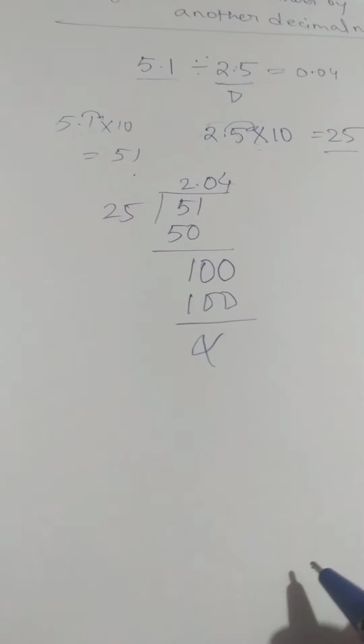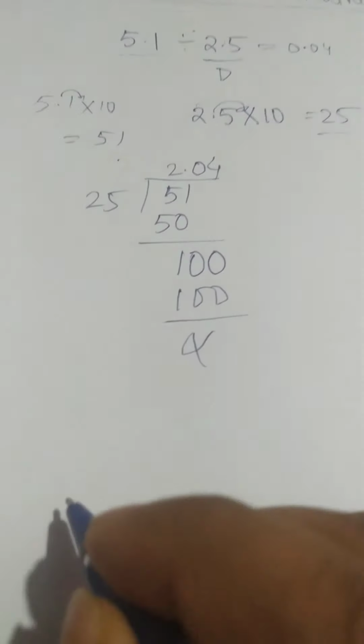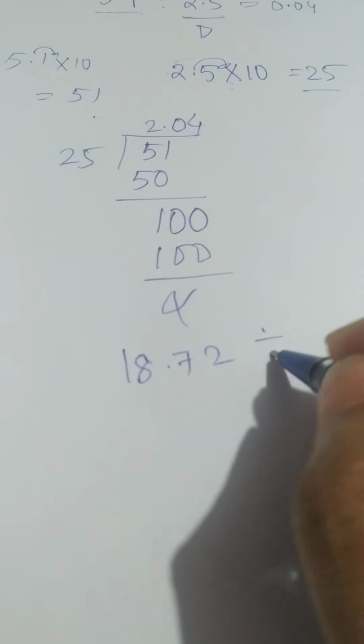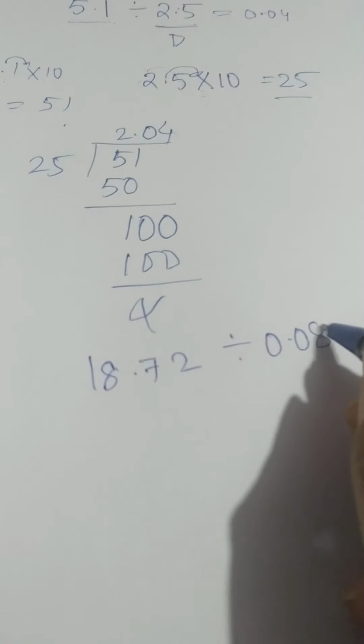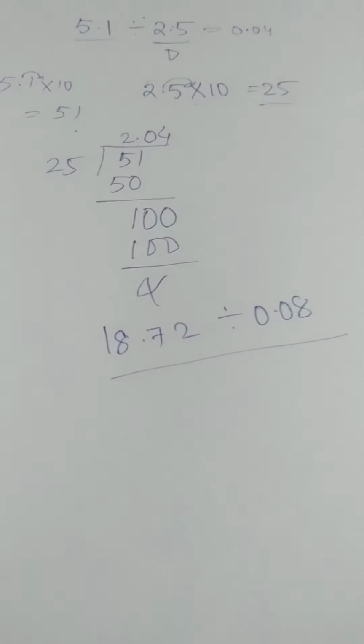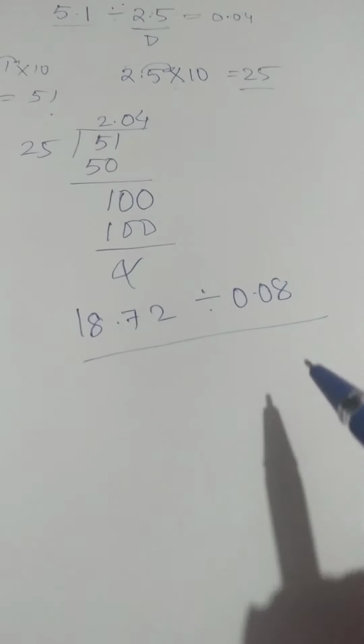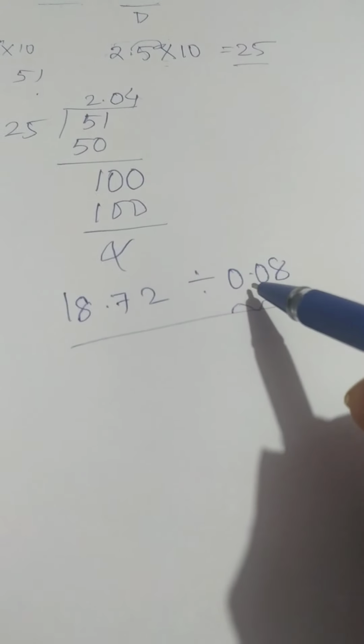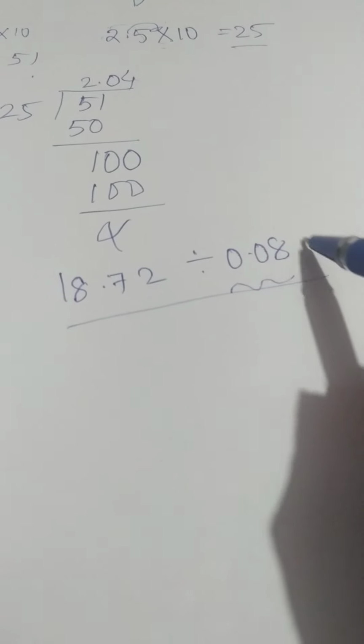Let's say 18.72 divided by 0.08. Let's say this is an example. First of all I need to understand the divisor. So this is the divisor, right?